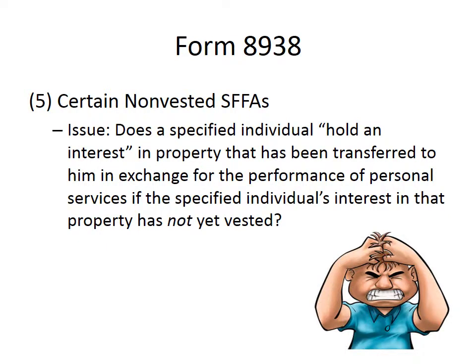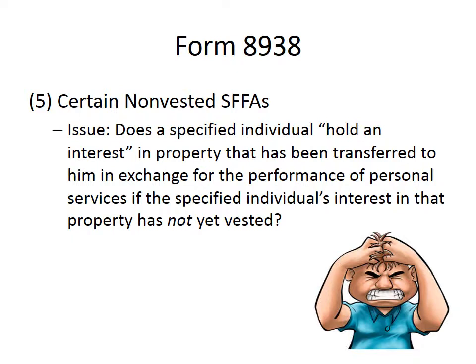Fifth, certain non-vested specified foreign financial assets. Here's the issue, and I tried to frame it as clearly and concisely as I could. Does a specified individual hold an interest in property that has been transferred to him in exchange for the performance of personal services if the specified individual's interest in that property has not yet vested?